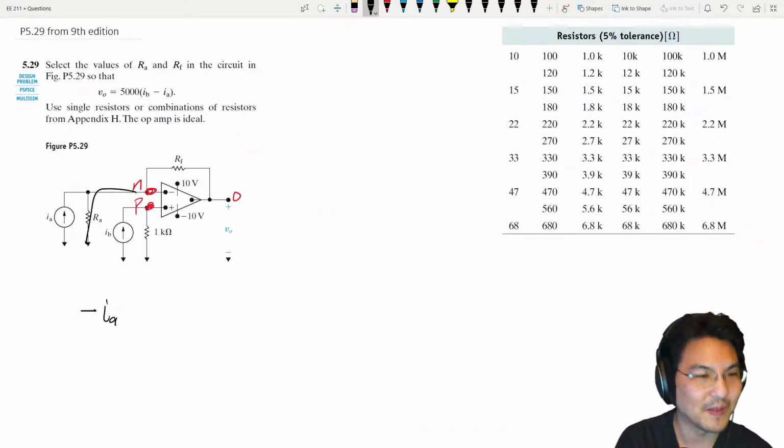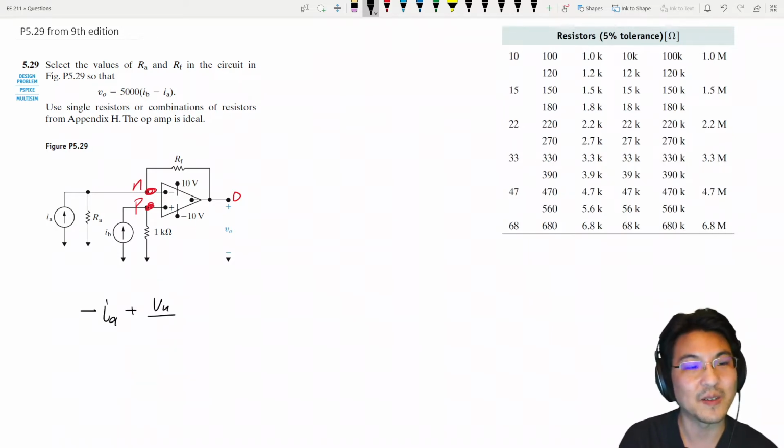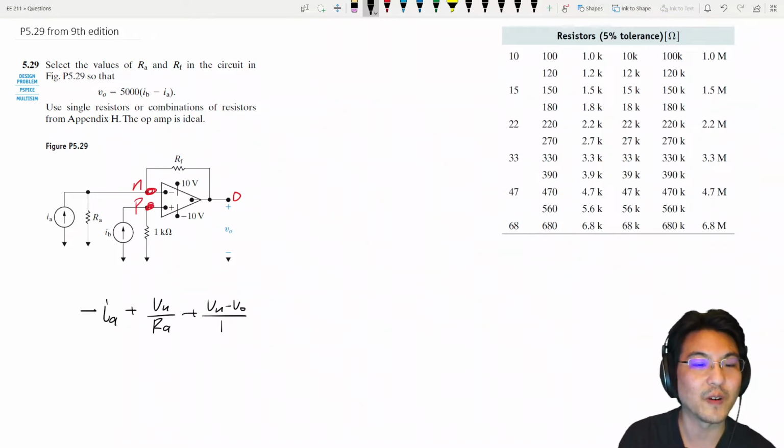And then the current going this way would be Vn minus 0 over Ra. And then the current going this way, Vn minus Vo over Rf. And then the current going this way toward the right, I'll just call that In equals 0.